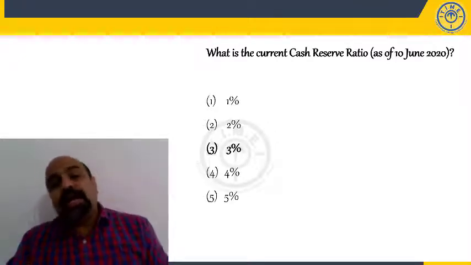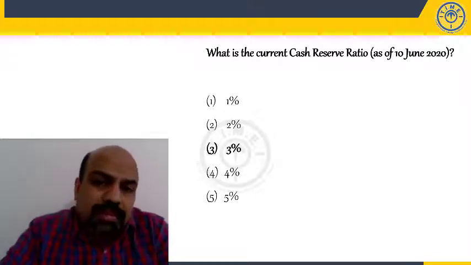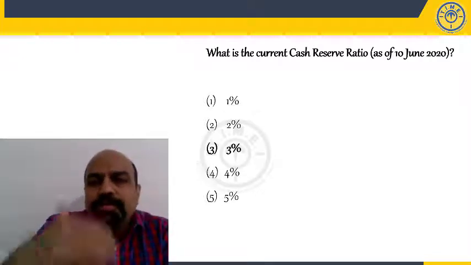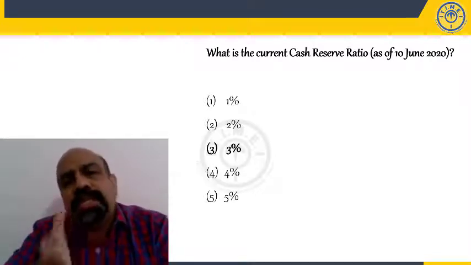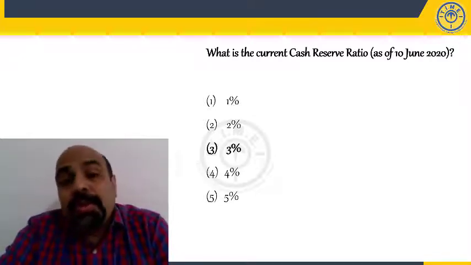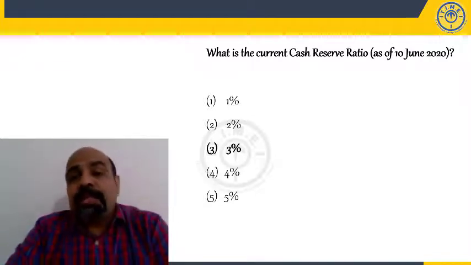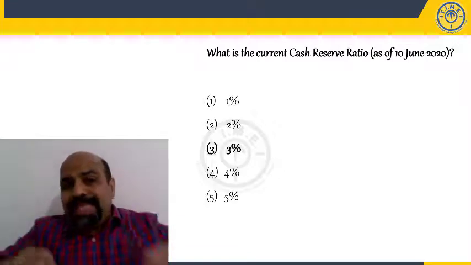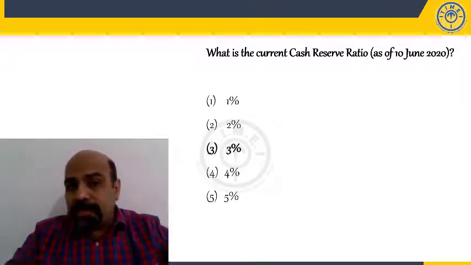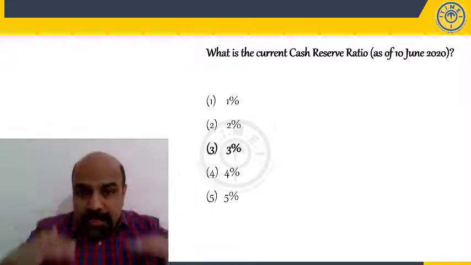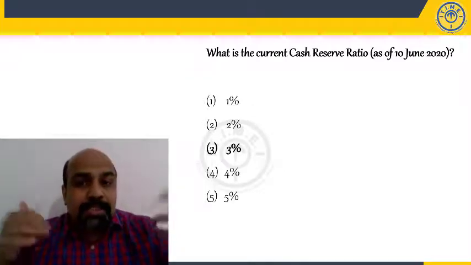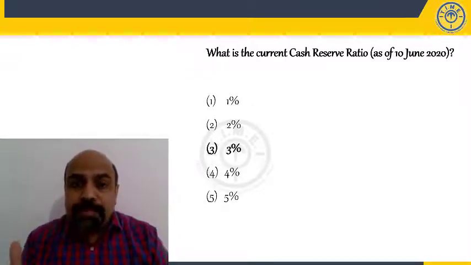So recently the RBI reduced the CRR. In 3-4 installments they brought it down from 4% to 3%. So इससे क्या होगा? What will happen? A lot of things happen. When CRR is going down, look at the last line that we wrote. When CRR decreases, money supply increases. When money supply increases, what will happen to the interest rates?